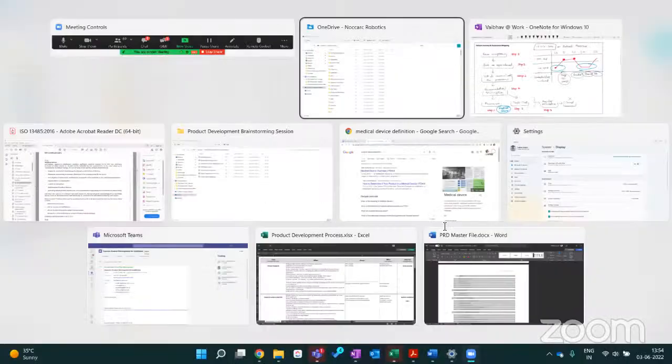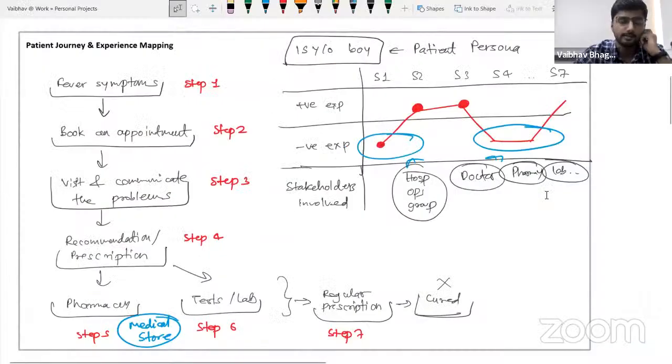Vaibhav, could you please share your user experience? You had created a user experience mapping diagram. Could you please share it with us once again? That would be helpful. Thank you. Yeah, can you see that?